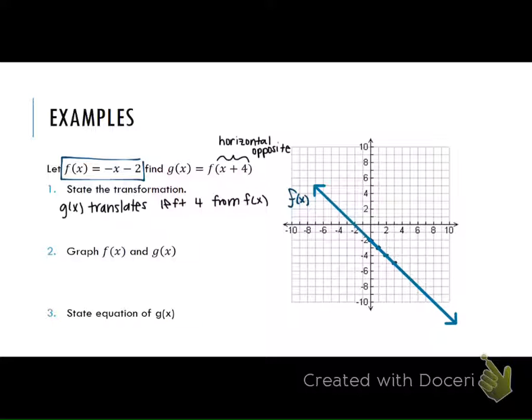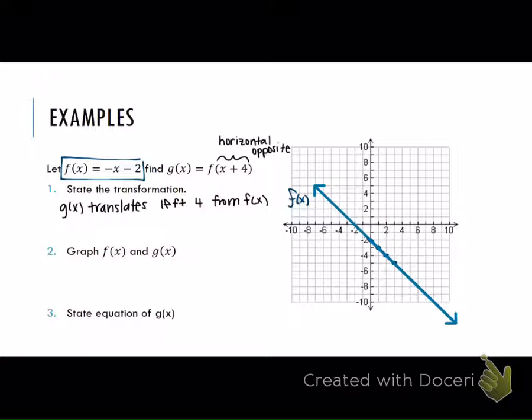So you should be shifting all of your points left 4. So start shifting those points left 4. Start at one of the points and count 4 to the left for each of your points. After you're done graphing that line, shift the points left 4. You can do at least 3 and then you're fine. Is that the same graph I have? Yeah, just making sure. You have the 2 lines already.